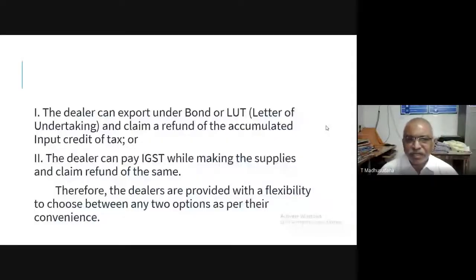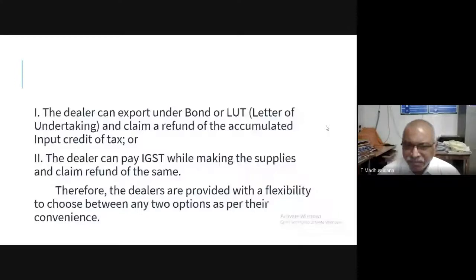So there are two options in case of refunds available to exporters. The first option is to export under a bond or letter of undertaking and claim a refund of the accumulated input tax credit.